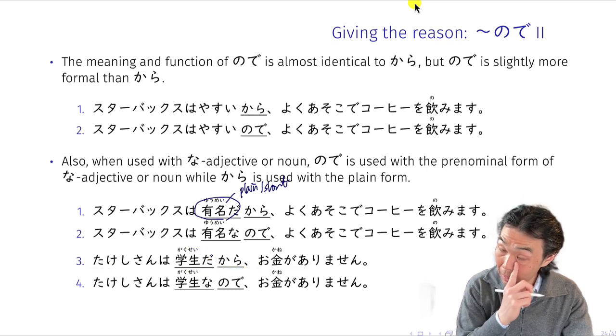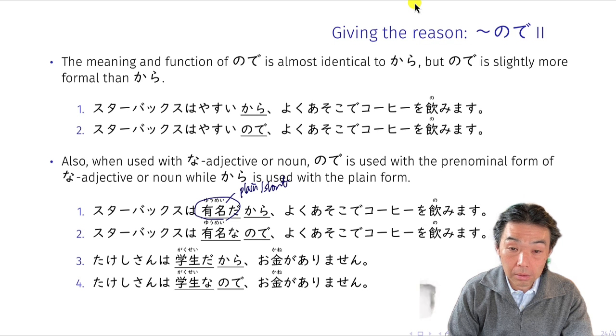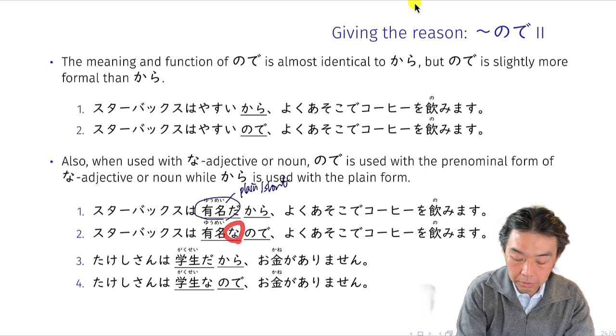So, like verbs and i-adjectives, kara uses the plain form or short form, but node, for some reason, uses na instead of da. So the difference is here.